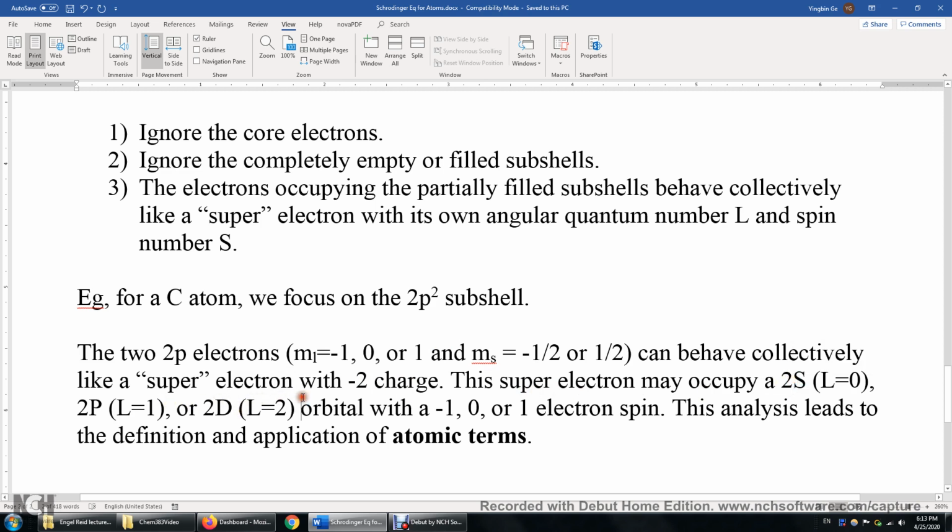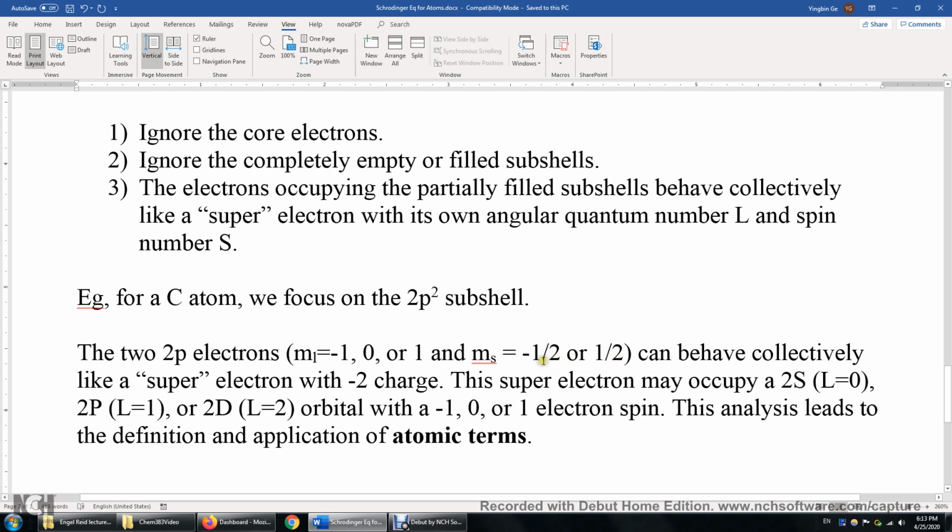Why is that? Because if we sum up this m sub l for these 2 electrons, you can have -1 plus -1, you get -2. And how can you get -2 as the z component of angular momentum? Well, that has to be a d orbital. So these 2 electrons may collectively behave like a d electron. And also, now look at the electron spin. If you look at an individual electron, it can be -half or +half.